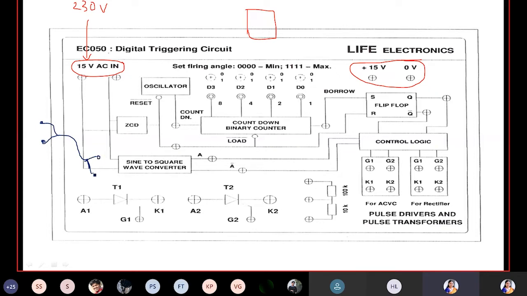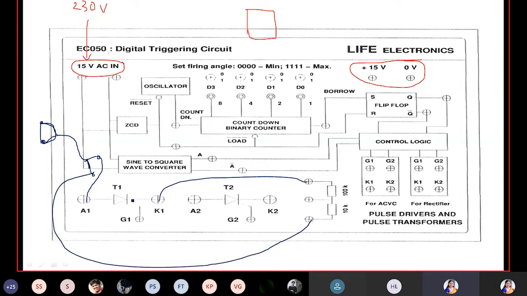You will place it into the holder, and you will get 2 terminals here. One terminal you will connect to the anode of T1, and K1 you will connect to the load, and the other terminal of the load you will connect back to the supply.